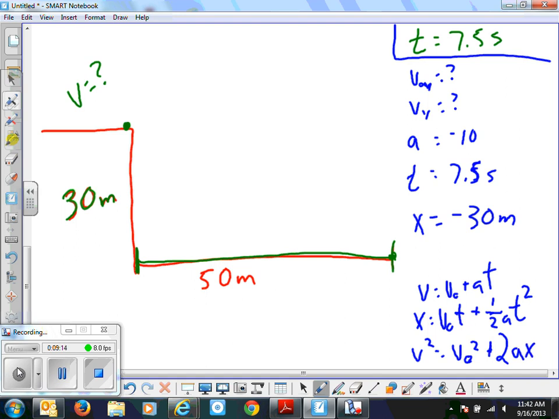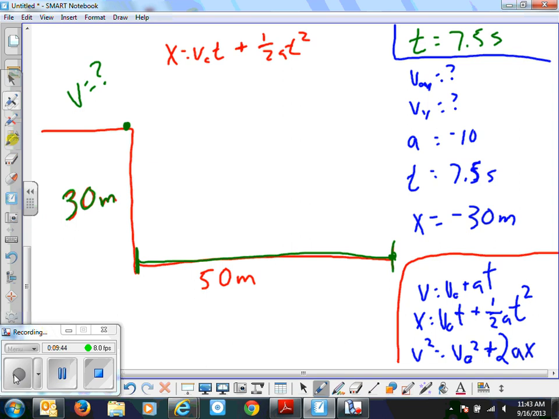I can sit here and look pretty easily and see which formula I can use, right? So once I do this, I can realize that there's only one formula to use right here, and that's X equals V sub naught T plus 1/2 AT squared. If you look in the textbook, it's going to give you Y equals V sub naught Y T, but on the AP test, you don't get that.